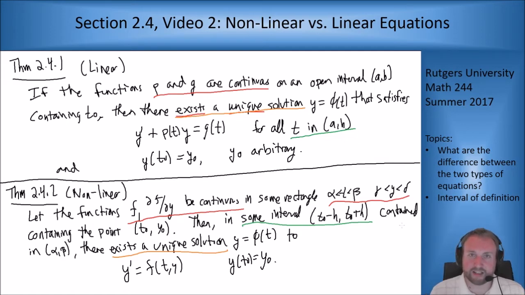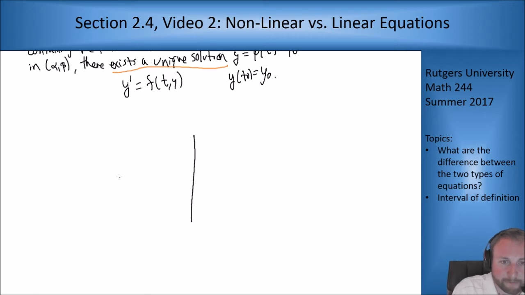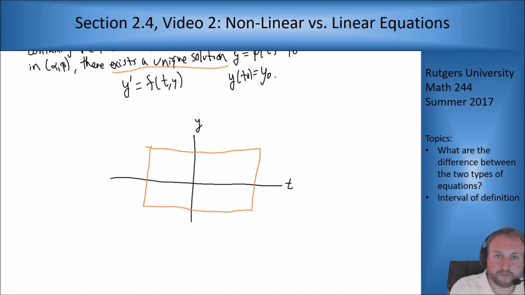So let me draw a quick sketch of that so we can see what I'm talking about. I have my axes here, and we know this is t and this is y, and we know f and df dy are continuous in that rectangle.